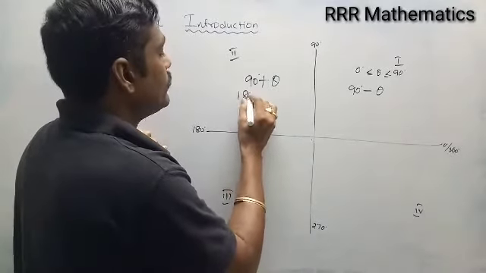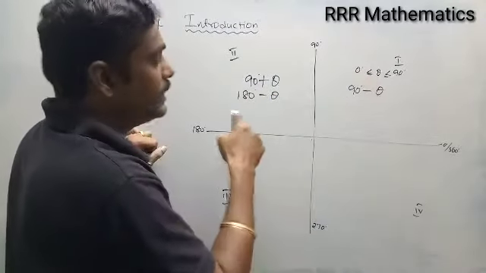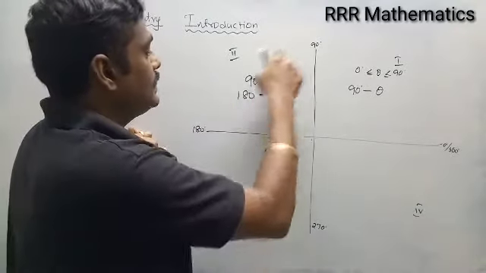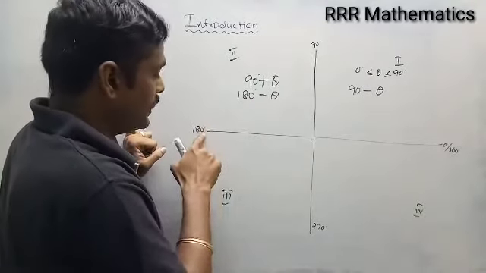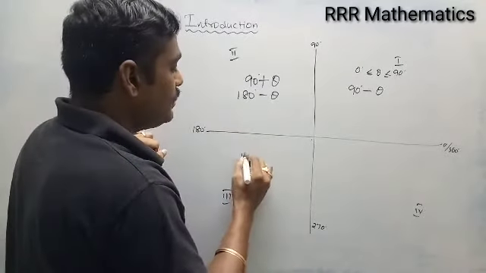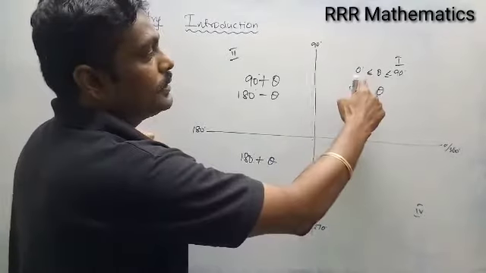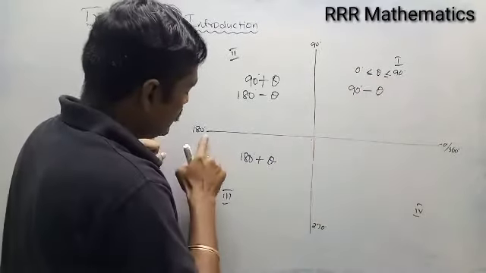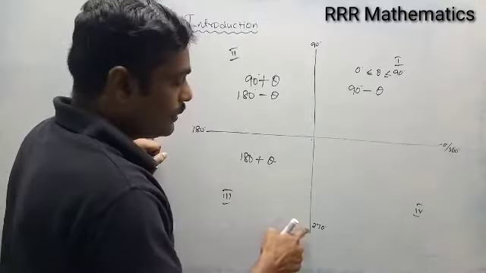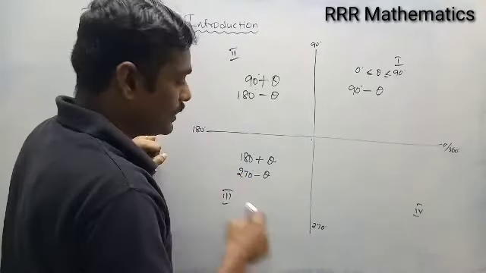Similarly, 180 minus theta, where theta is 0 to 90, lies in the second quadrant. 180 plus theta will be in the third quadrant. 270 minus theta lies in the third quadrant.